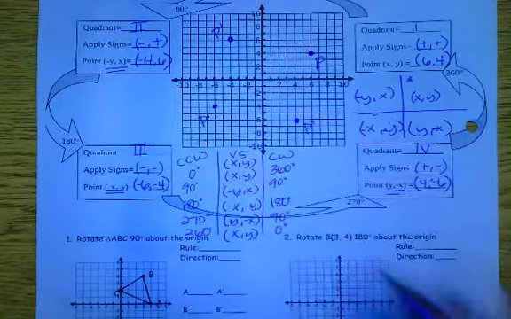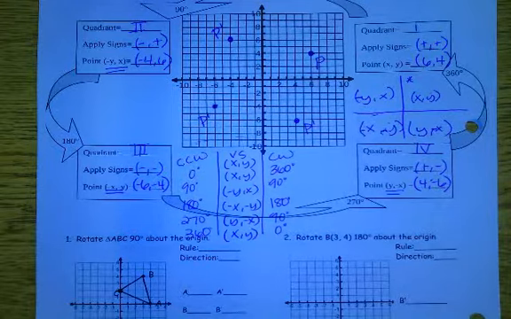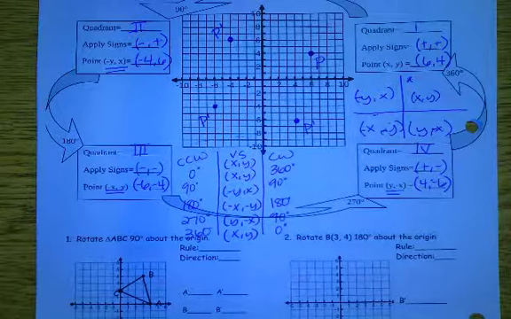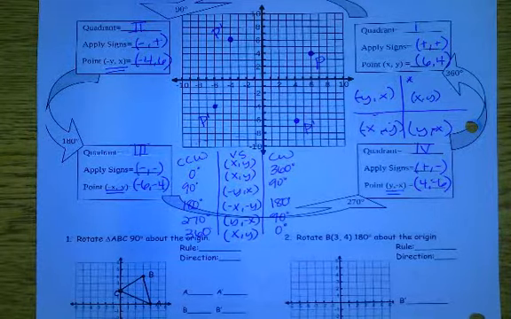So the only difference between clockwise and counterclockwise is just the opposite rule. 0 still goes with 360, 180 still goes with 180. The only ones that swap are your 90 and 270. So 90 degrees counterclockwise has the same rule as 270 degrees clockwise, and 270 degrees counterclockwise has the same rule as 90 degrees clockwise.